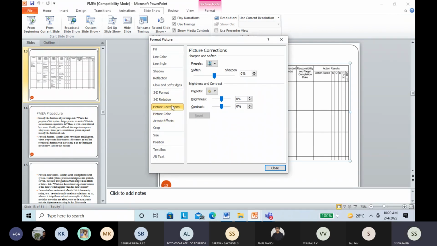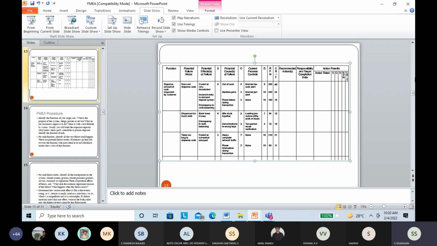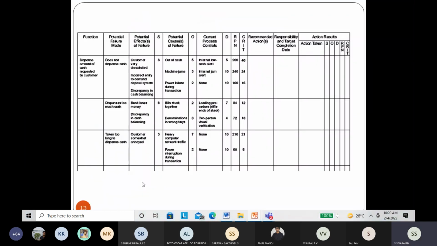Just max it out, the first slider. Soften and sharpen. Okay, I got it. Here you can just crank it up. Yes, now it will be better. Good, nice. You educated me. Okay, good.